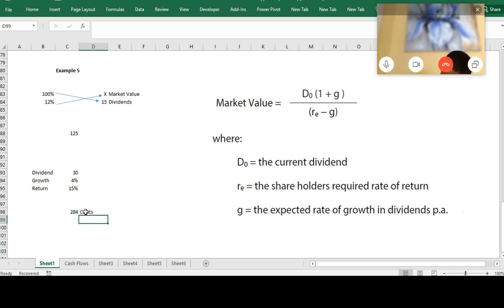Example 5, the one that I told you to do. What did you get? Who got this? 2.8. Yeah, once you take it to dollars, 2.8384. Not cents, 284 if you are using cents.